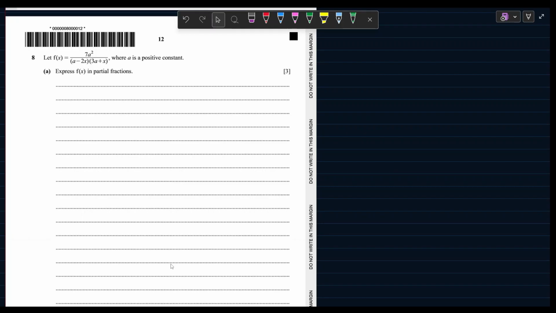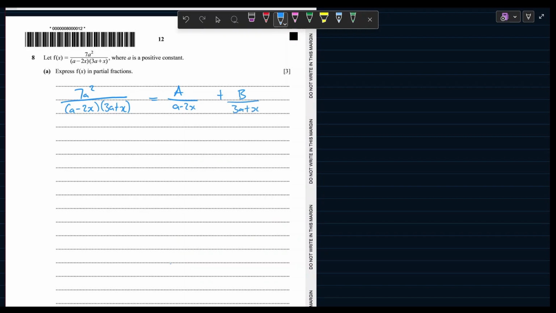Number 8, part A. Let f of x equal 7a squared over (a minus 2x) times (3a plus x), where a is a positive constant. Part A, express f of x in partial fractions. So we've got 7a squared over (a minus 2x)(3a plus x), and this is equal to, because these are both linear factors, A over a minus 2x plus B over 3a plus x.